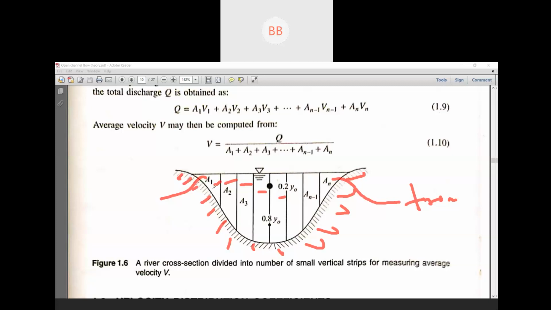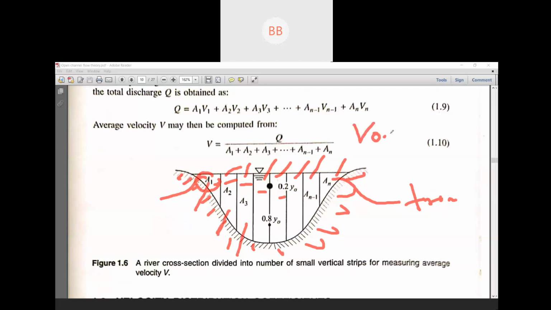For the other sections we consider them as trapezoidal: sum of the parallel sides divided by 2, multiplied by the vertical distance. So we find all the areas, and then for each section we find the velocity by using that same equation.